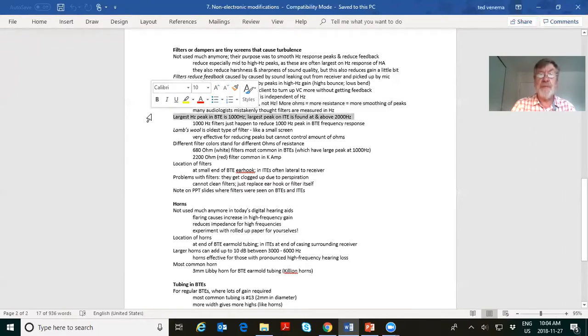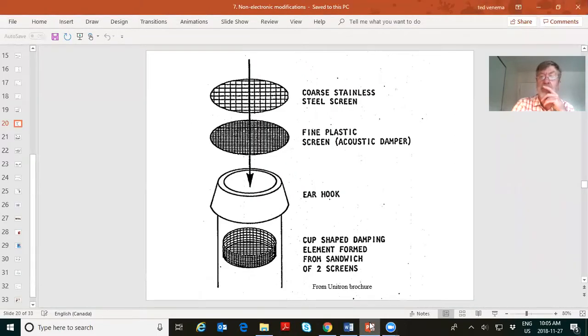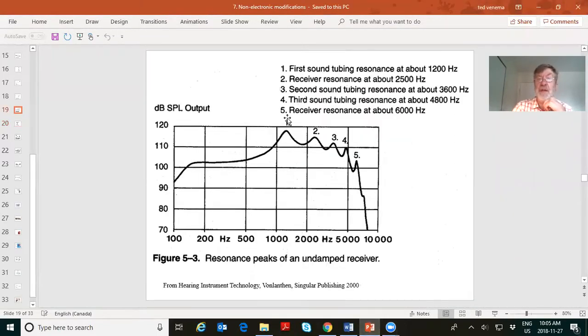The largest peak in number 13 BTEs, the largest peak in these hearing aids with number 13 tubing, was usually at 1,000 hertz. So if I go to 1,000 hertz here, okay, the largest peak was usually at around 1,000 hertz, and still is.